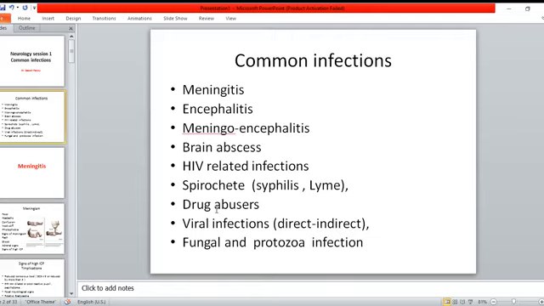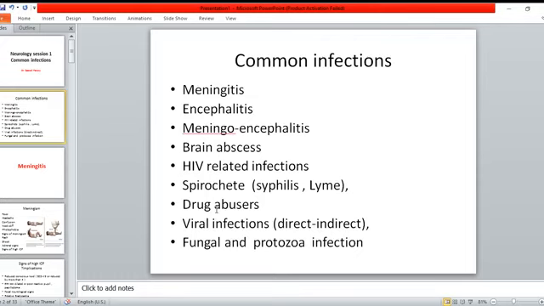Usually there is a predisposing factor mentioned in the scenario, like a history of sinusitis, otitis media, or mastoiditis. So we have this history, in addition to convulsion and depressed conscious level. So first you have to think of brain abscess.